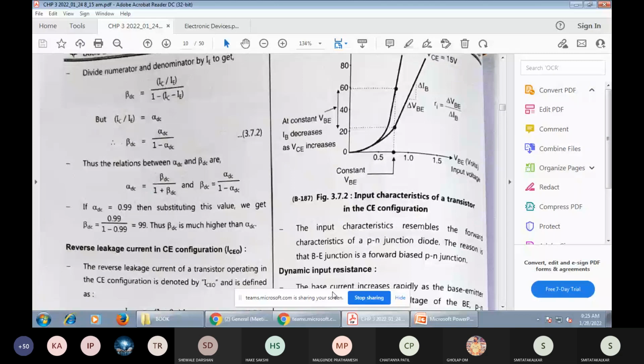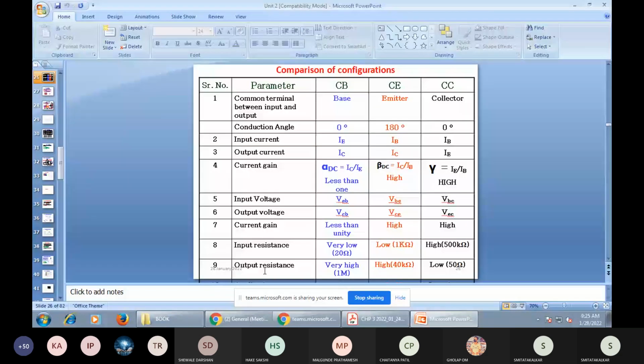And last, the input and output resistance. You can use a very low resistance on the input side. It is also low resistance, 1 kilo ohm, 1 into 10 raised to 3. This is the value of the emitter resistance, and here 500 kilo ohm is very high resistance on the output side.